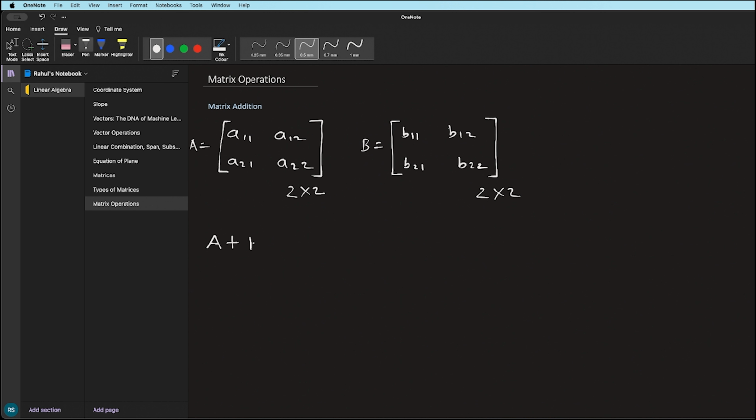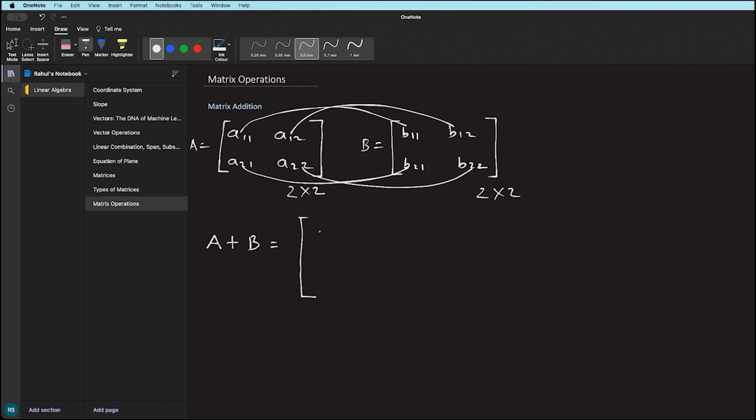A plus B. In this case we have to add the corresponding entries. So I will be adding A11 with B11, A12 with B12, A21 with B21 and A22 with B22.